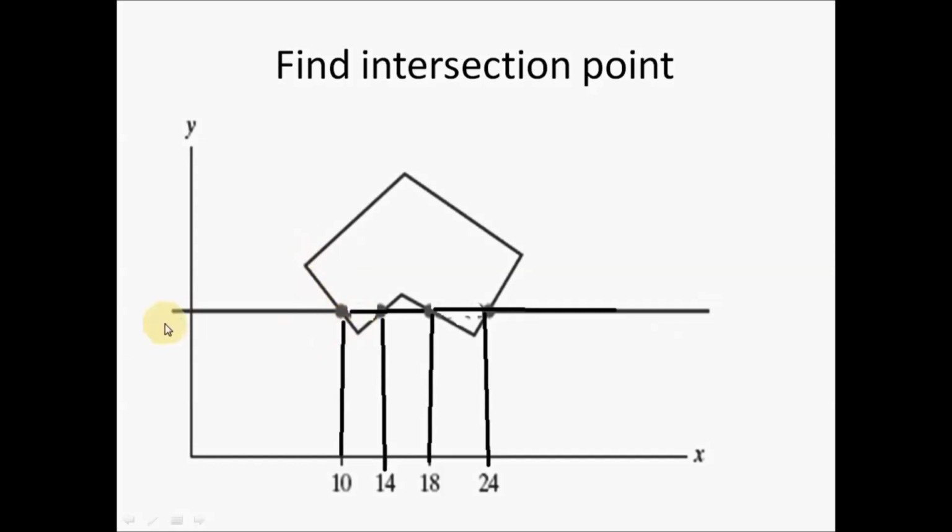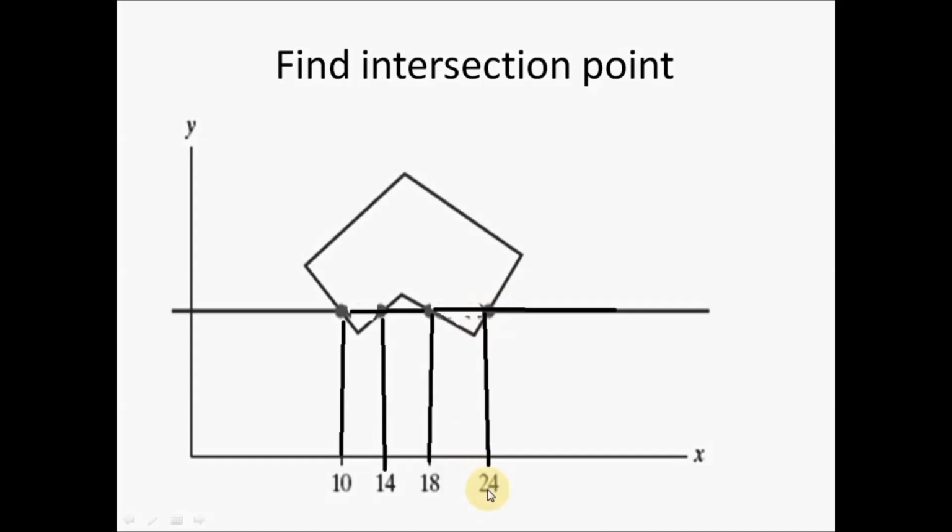This is the first intersection point, at 10. This is the second intersection point, at 14, this is the third, at 18, and this is the last one, at 24.